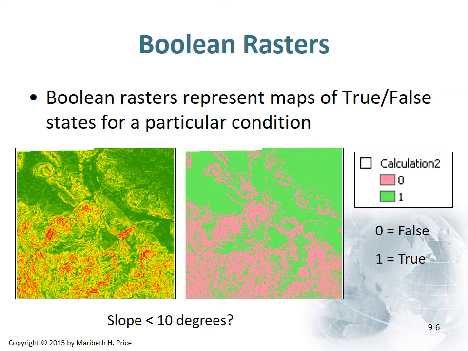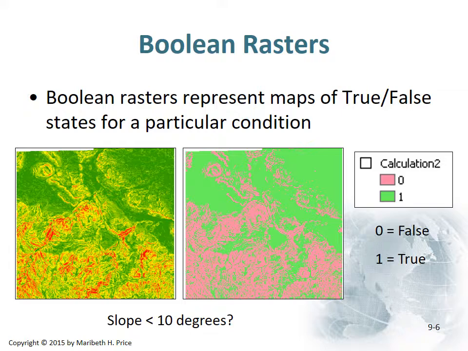So to drive that idea home, once again, Boolean operators, Boolean logic applied to a raster input grid, whatever that equation or query is going to produce values of true and false only, where 1 is true, 0 is false.